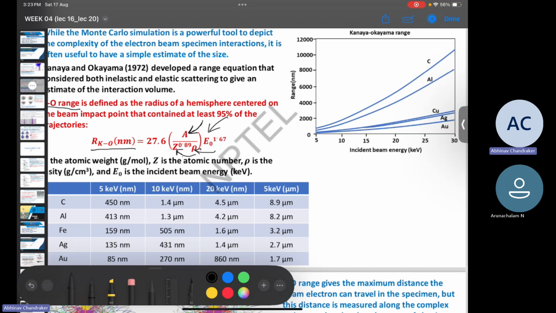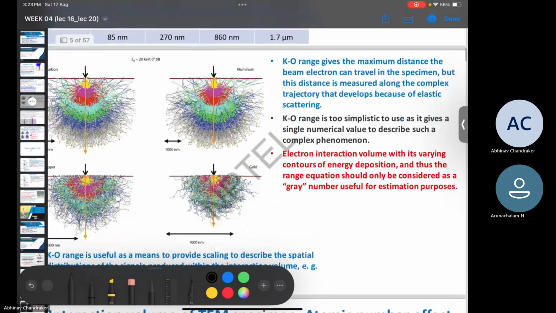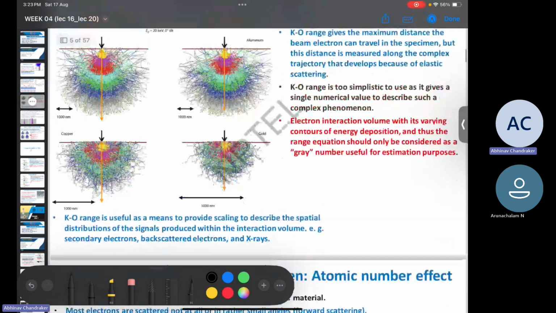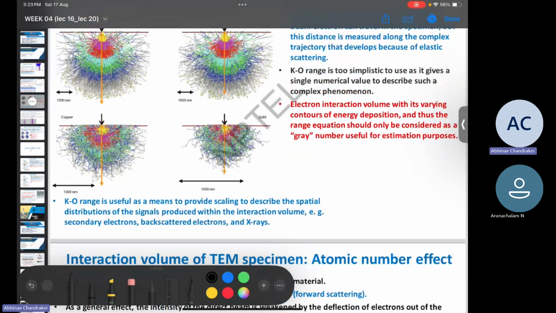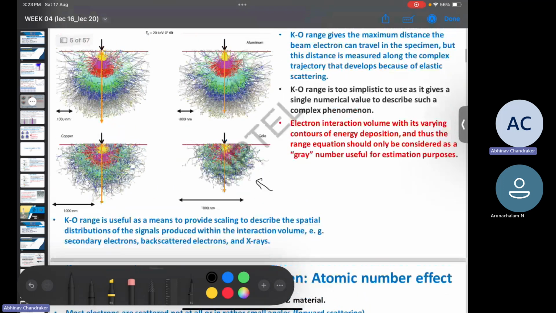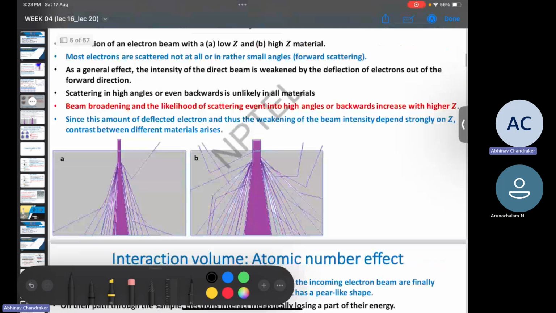And that also helps the electron beams to penetrate deeper into the sample before getting totally exhausted and absorbed. And as a result, we get this kind of a trend. Here also we can see some similar simulations where the different interactions and the volumes of interactions are shown.